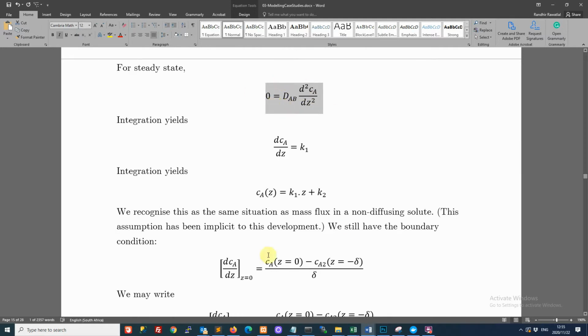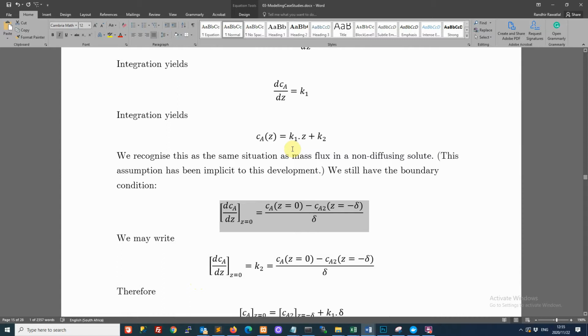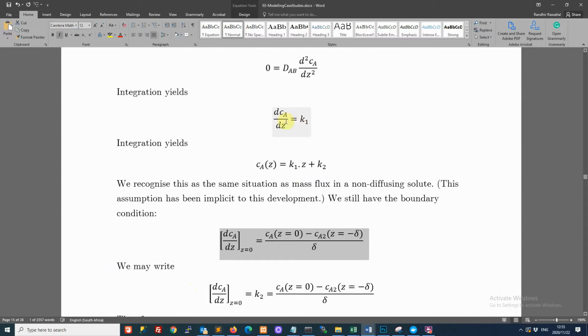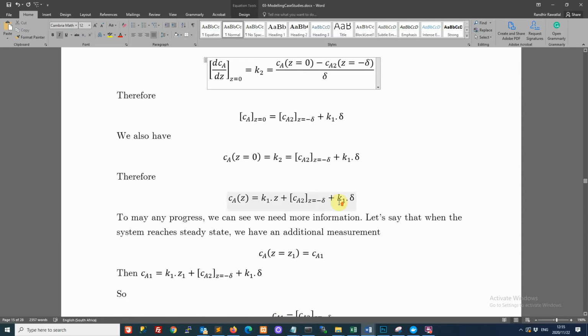Okay, so we use first the continuity of the molar flux condition. If you take this equation, you can see dc/dz is k1. So if we take dc/dz at z equals 0, the z doesn't change anything here. I'm not sure why I've got a k2 here.